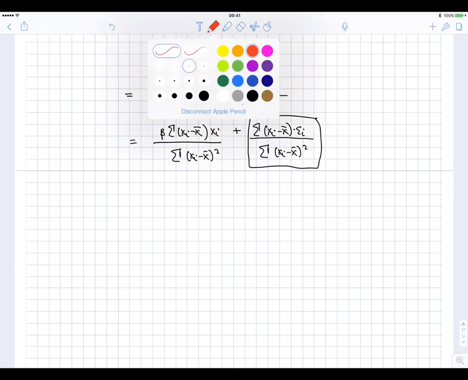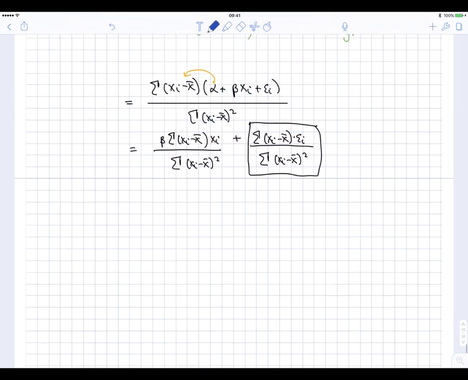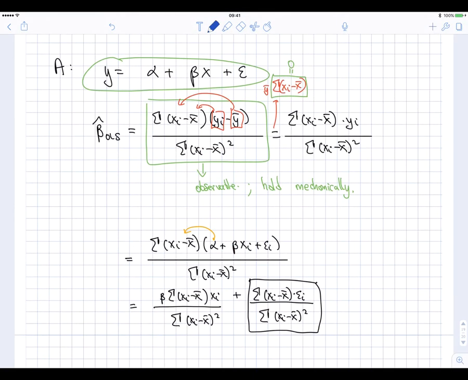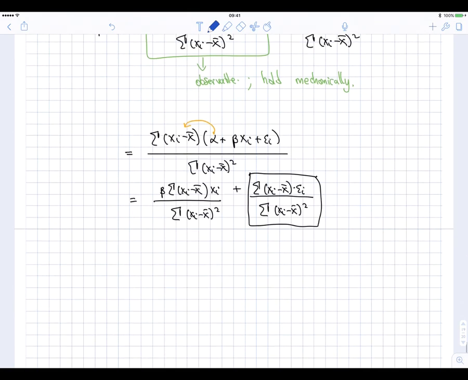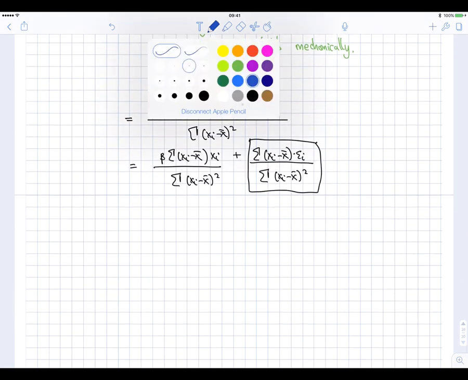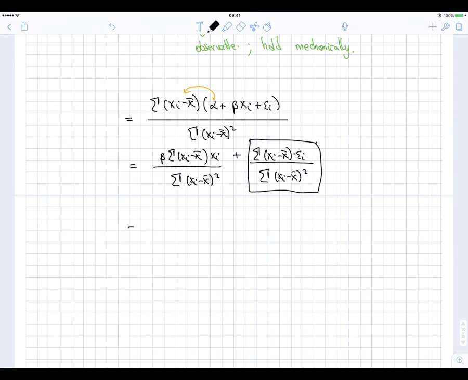Remember what I did here? I got rid of the y bar, because the y bar times this was just a 0. So with exactly the same principle, can I do this?